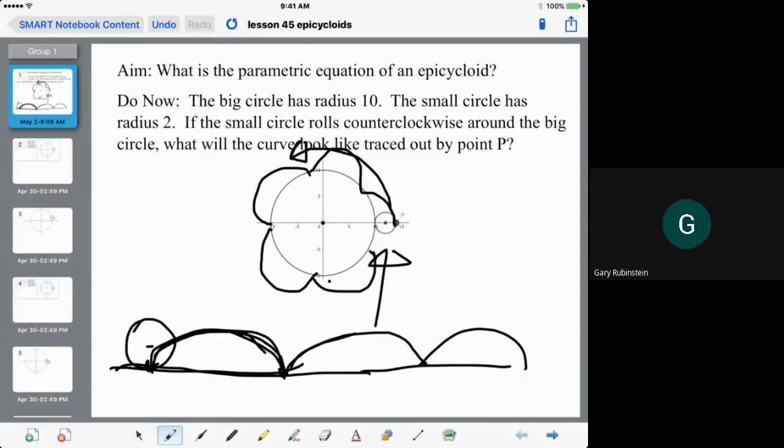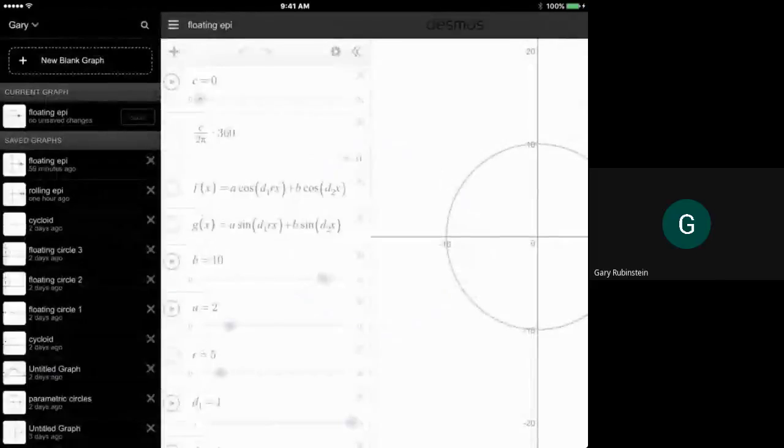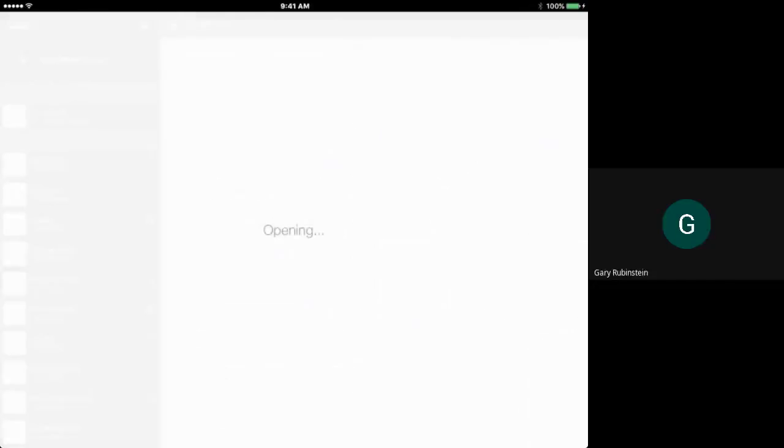Now, the question is, how many petals should this flower have? And will it sort of trace over itself if I do a second time around? Let's take a look. Here I have rolling epi.